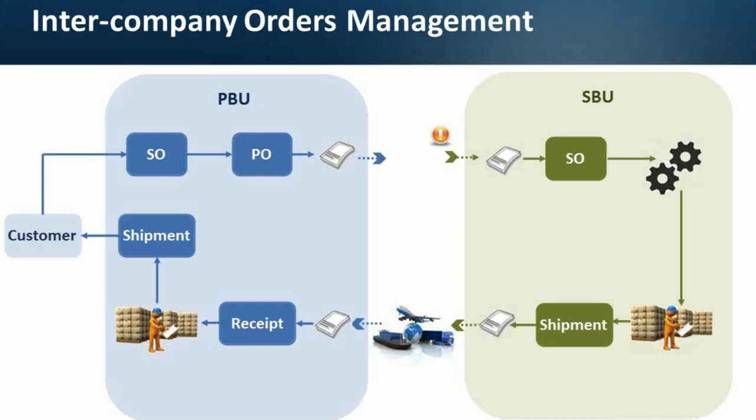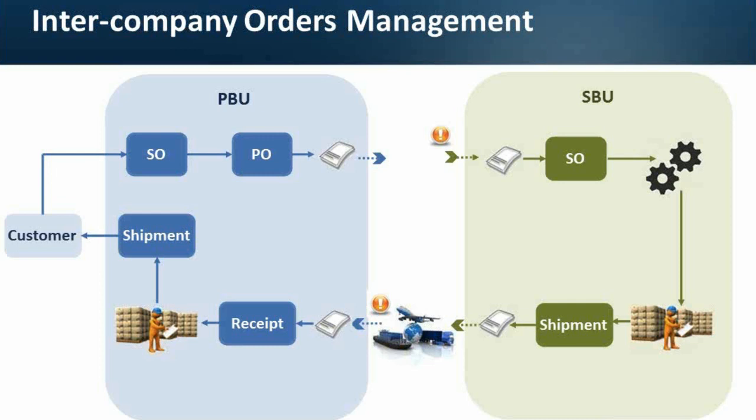Maybe it will be easier to handle those intercompany transfers without involving purchase orders. Second is how we can efficiently track in-transit shipments. What system or process should be established to avoid expedited shipments and stock shortages, or building up an excessive inventory at PBU? And third, how we can efficiently track all the components of this process.